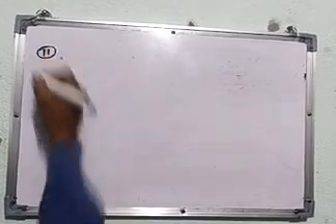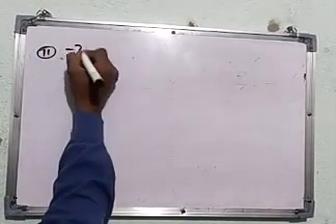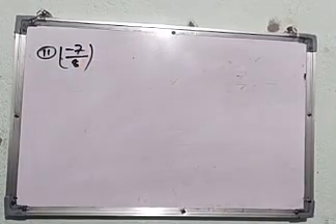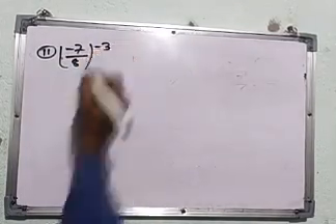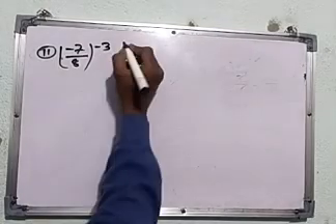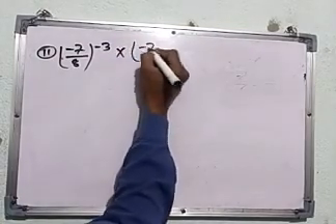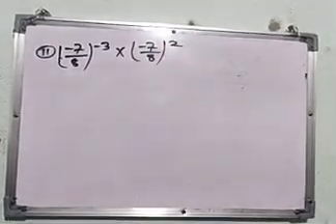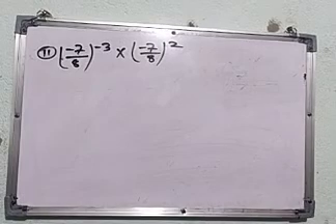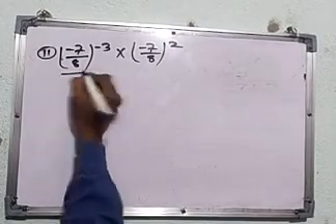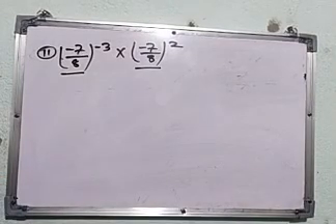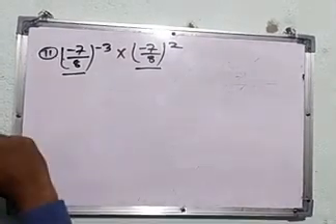Now your question 2, minus 7 by 8 power minus 3 into minus 7 by 8 power 2. So student, in the law of exponent you learn a by b power m into a by b power n equals a by b power m plus n.